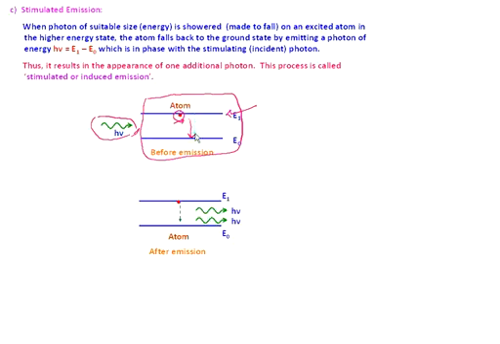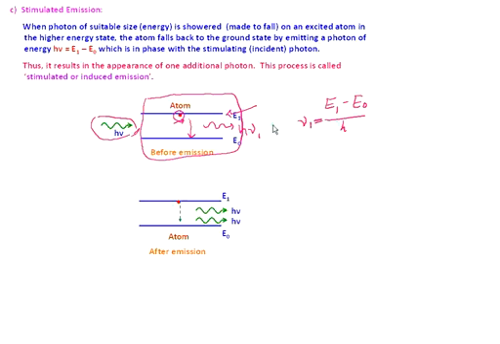When the excited atom jumps into the ground state, it emits a photon of frequency, suppose, h nu 1. This h nu 1 you can calculate from the difference E1 minus E0 upon h, where E1 minus E0 is the energy difference between these energy levels and h is the Planck constant.